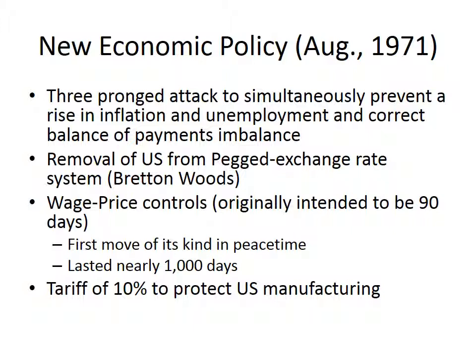To end all of this, the Nixon administration will unilaterally withdraw the United States from the Bretton Woods pegged exchange rate system. Okay? So what you want to think about is the U.S. dollar is the anchor of all other foreign currencies.